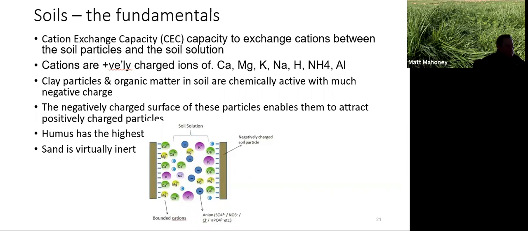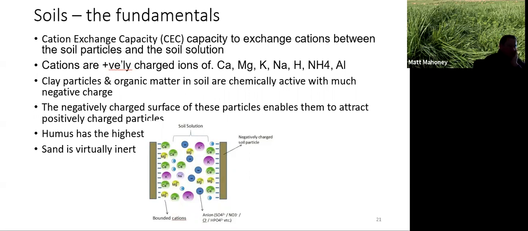The other thing is the relationship between pH and cation exchange capacity. Soil pH is important for cation exchange capacity because as pH increases, so as it becomes less acid, the number of negative charges on colloids in the soil increases, thereby increasing the cation exchange capacity.